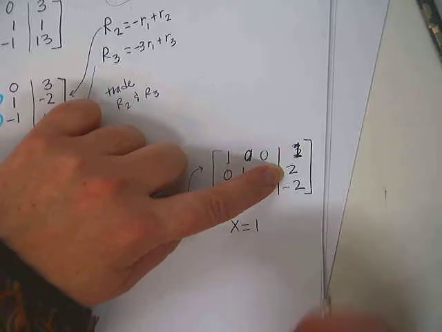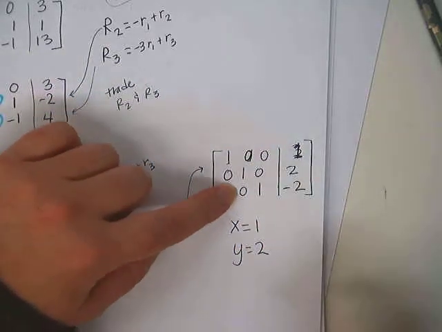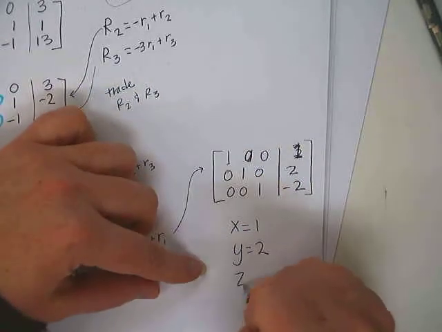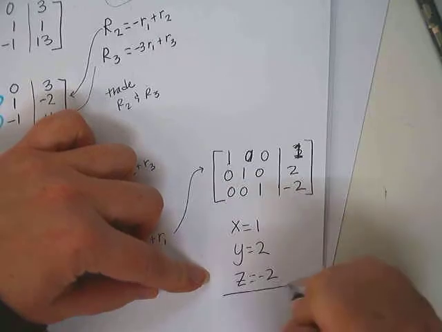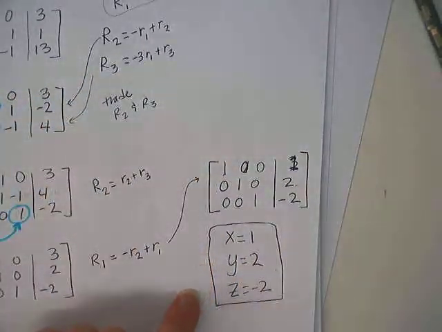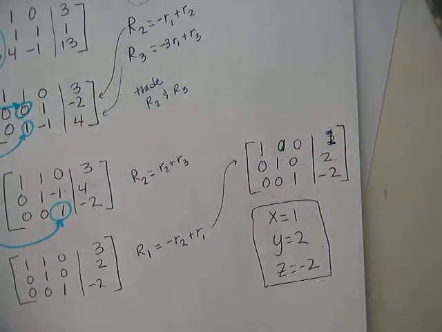Doesn't that essentially mean that x equals 1? This would be 0x plus 1y plus 0z equals 2, so y equals 2. This would be 0x plus 0y plus 1z equals -2, so z equals -2. So by getting this into row echelon form, we have found our solutions.